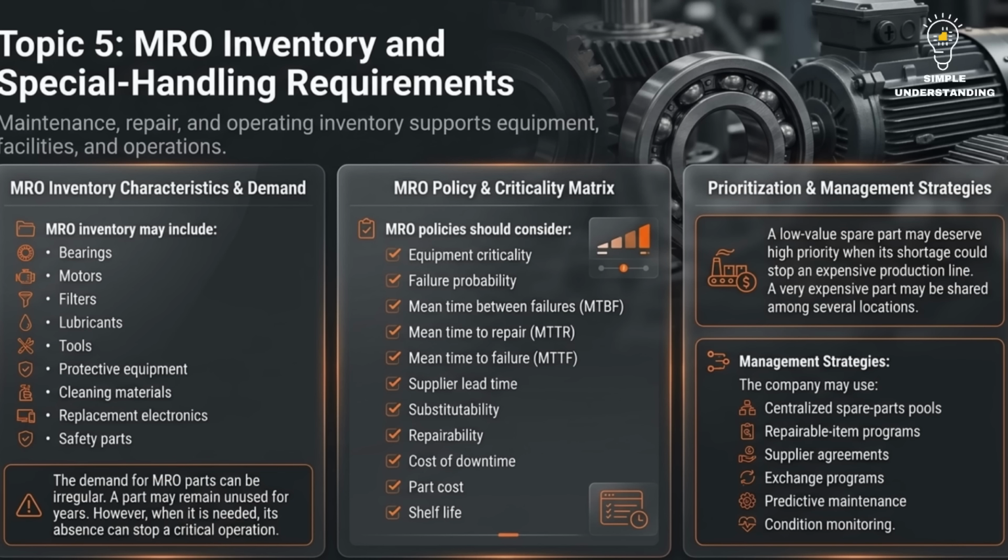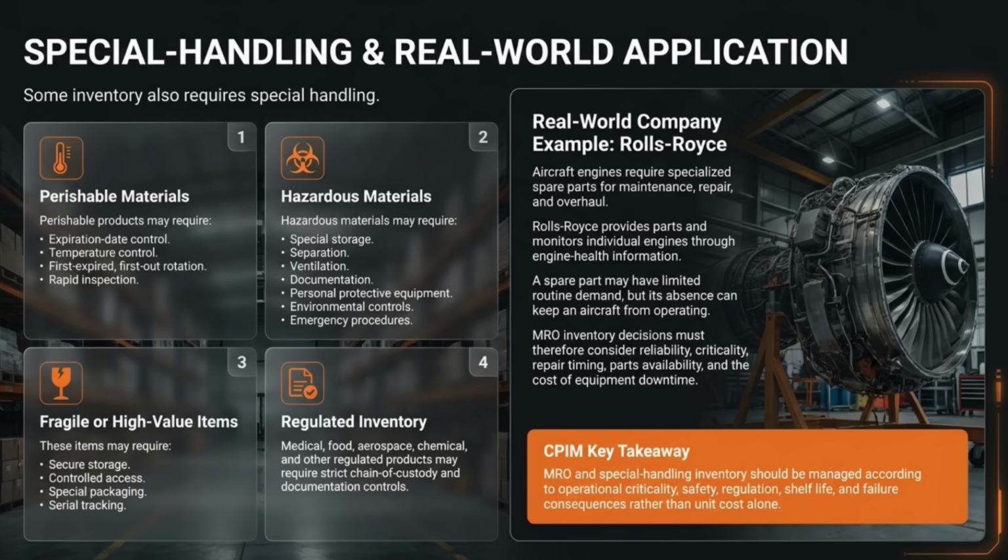Some inventory also requires special handling. Perishable materials. Perishable products may require expiration date control, temperature control, first expired, first out rotation, rapid inspection. Hazardous materials. Hazardous materials may require special storage, separation, ventilation, documentation, personal protective equipment, environmental controls, and emergency procedures.